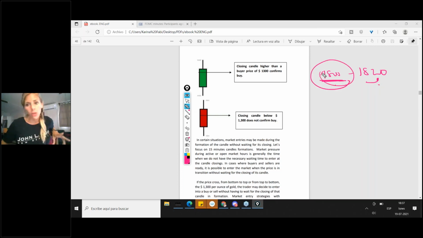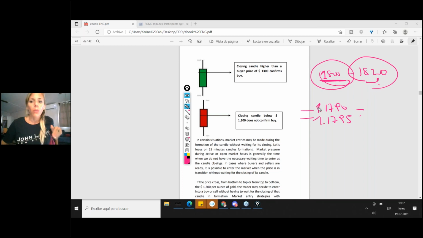We saw gold at 1790, 1795. And then I had people here all desperate trying to buy gold. Then I said, wait a minute, we do not have the confirmation yet. We do not know if gold is going to go after 1820 again. You cannot assume that. There's no such thing as assuming that it's going to do something.